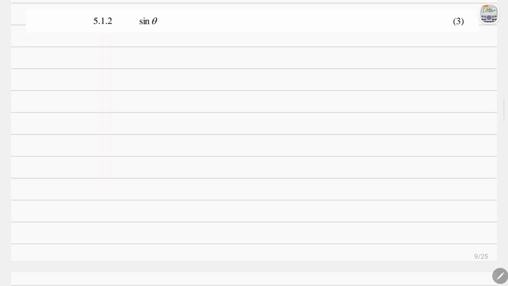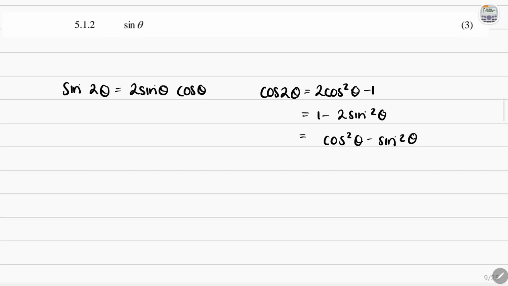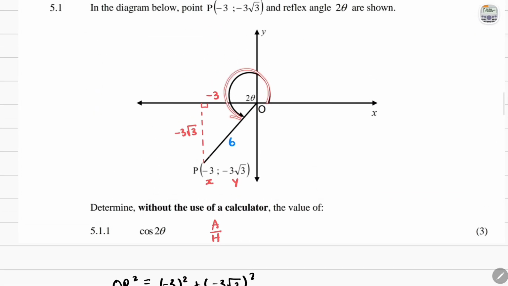Okay, so consider what your double angles look like, and I'll just put them down here. So these are our double angle formulas. Which one would be helpful to find the value of sine theta? You see, with this one, sine 2 theta is not bad. We can actually find the value of sine 2 theta because we have 2 theta measured here.